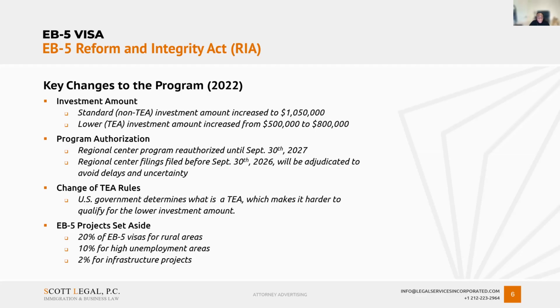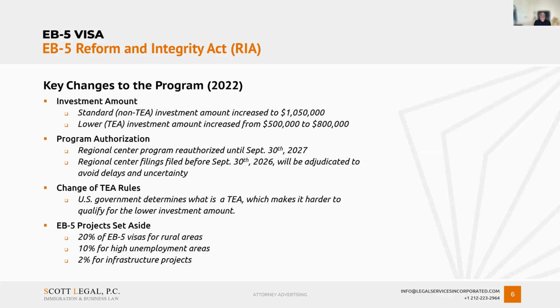But this date makes it such that people won't be kept in limbo, because they will know that if they file before the September 30th, 2026 date, their application will be adjudicated. Now, this only relates to regional centers. The direct investment program does not require reauthorization, so that date only applies to regional centers.